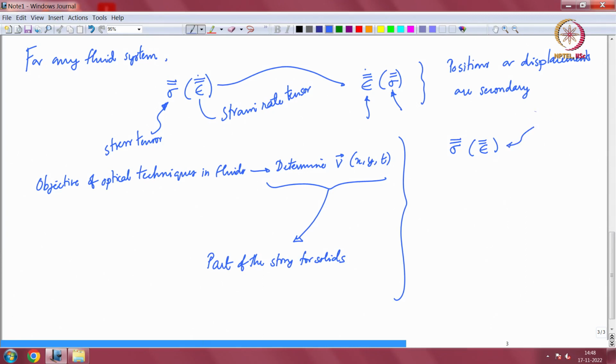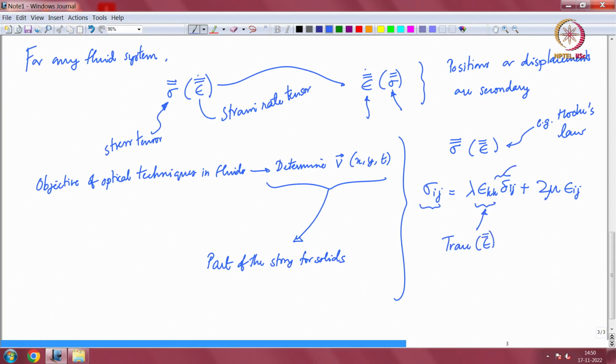So, a very well known example of this is Hooke's law, which you have probably seen before, where you know that the stress tensor with indices i j is related to the strain tensor, right, and this of course is the trace of the strain tensor, and this is the Kronecker delta function.